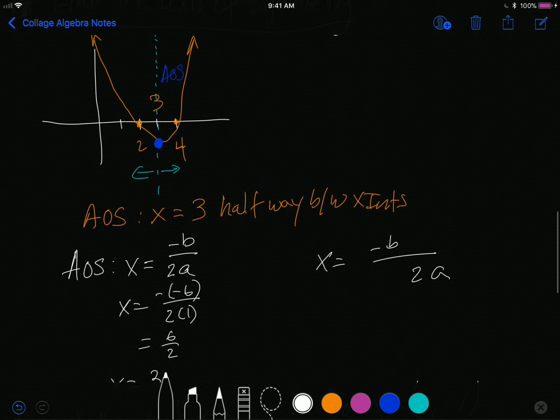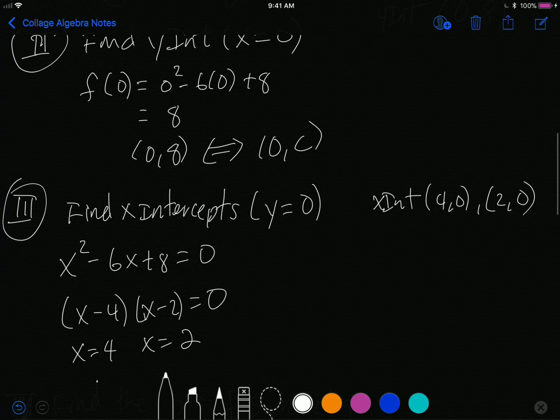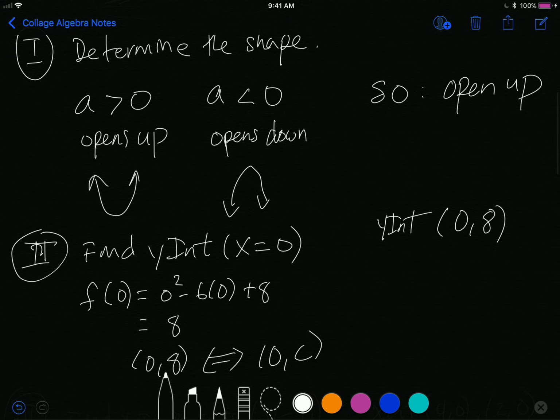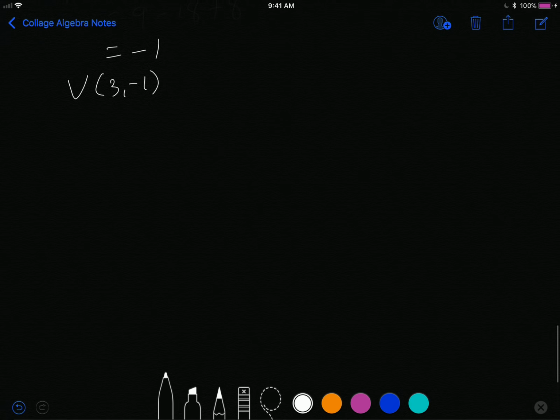I know the vertex. I know the axis of symmetry. I know my x-intercepts, I know my y-intercepts, I know the graph opens upwards. And with all of that, that takes me to step number 6, which is the easiest step of them all: I have to graph the function.